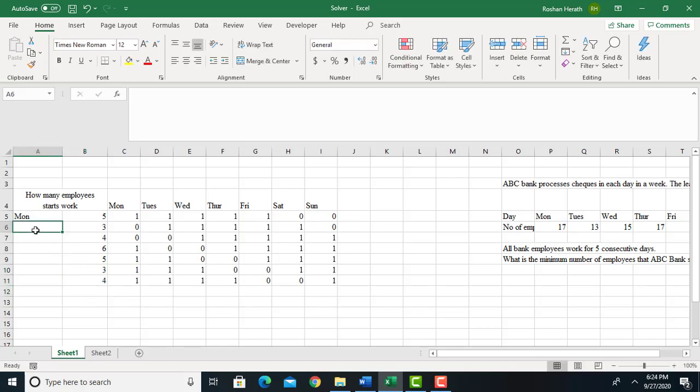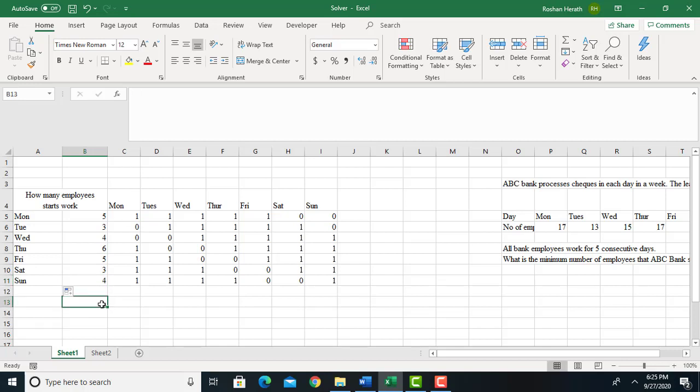So I might take Monday, Tuesday, Wednesday, Thursday, Friday, Saturday, Sunday. So here I have just assumed the 5 employees start work on Monday, 3 on Tuesday, 4 on Wednesday, 6 on Thursday, 5 on Friday, 3 on Saturday, and 4 on Sunday.